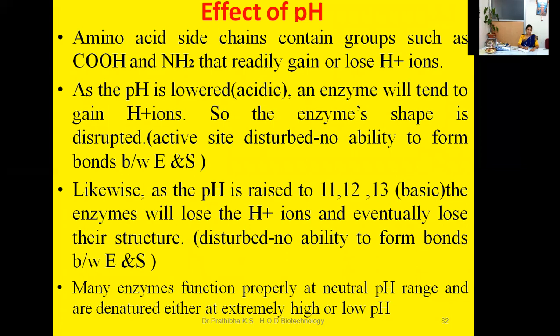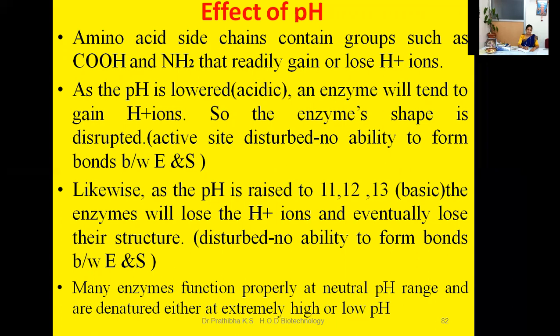As the pH is lowered, that is acidic, an enzyme will tend to gain H+ ions. So the enzyme's shape is disrupted, whereas the active site is disturbed, and there won't be an ability to form bonds between the enzyme substrate complex.